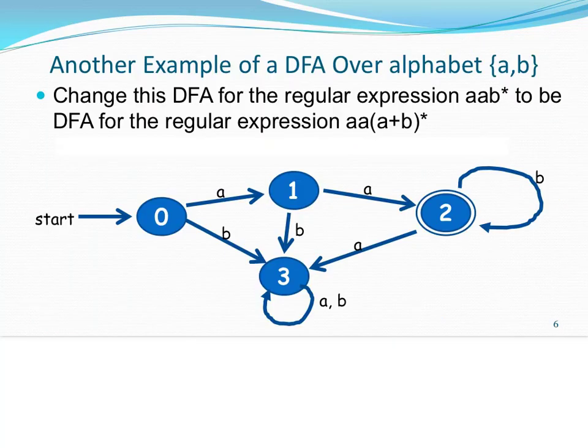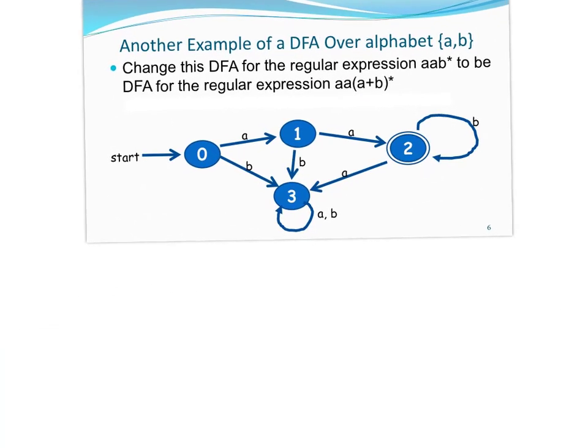So let's do another example. Here's the DFA that we've been working with over the alphabet AB. And this DFA right now accepts the language AAB star. And what I'm suggesting is that we change this so it actually accepts the language AA(A plus B) starred.